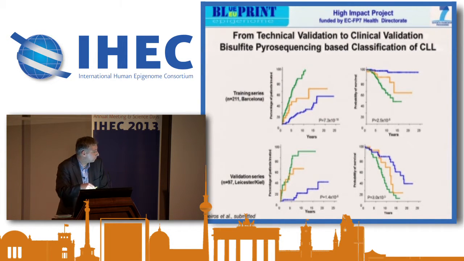Together with a group of Martin Dyer and Lester, we had a cohort with more unfavorable patients. And what you can see is that, despite the clinical factors being more unfavorable, we again can nicely distinguish the prognostic groups based on the bisulfite pyrosequencing of the 5 markers alone.